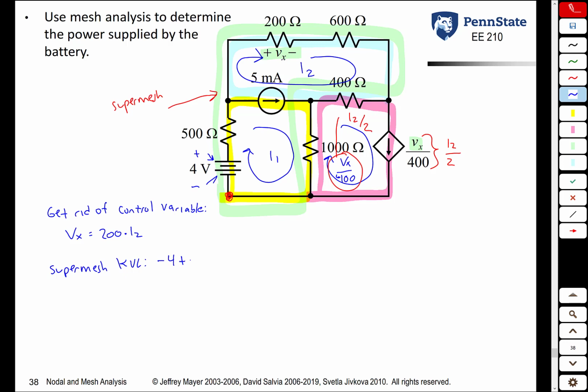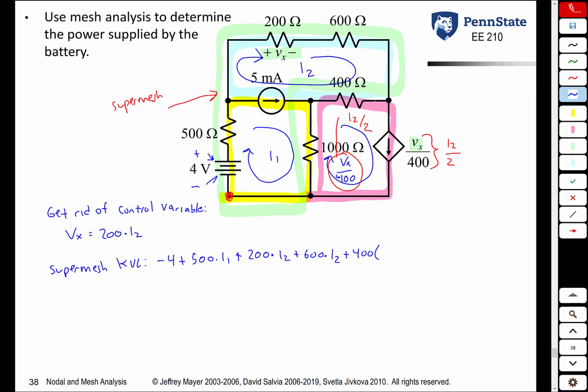Then we go through the 500 ohm resistor. Its voltage is 500 times I1. Then we go to the 200 ohm resistor. Its voltage drop is 200 times I2, plus 600 times I2, plus 400. This 400 ohm resistor is bordered by two different meshes.